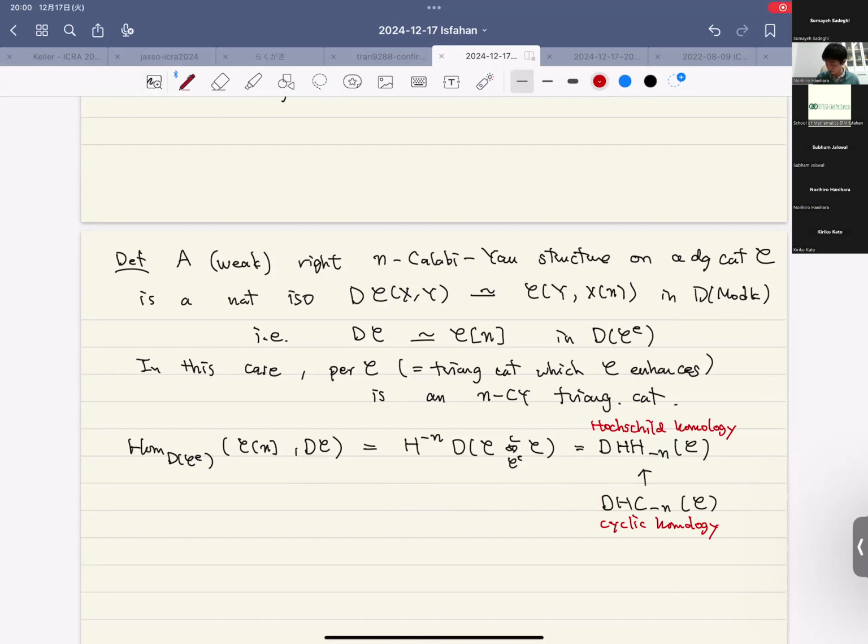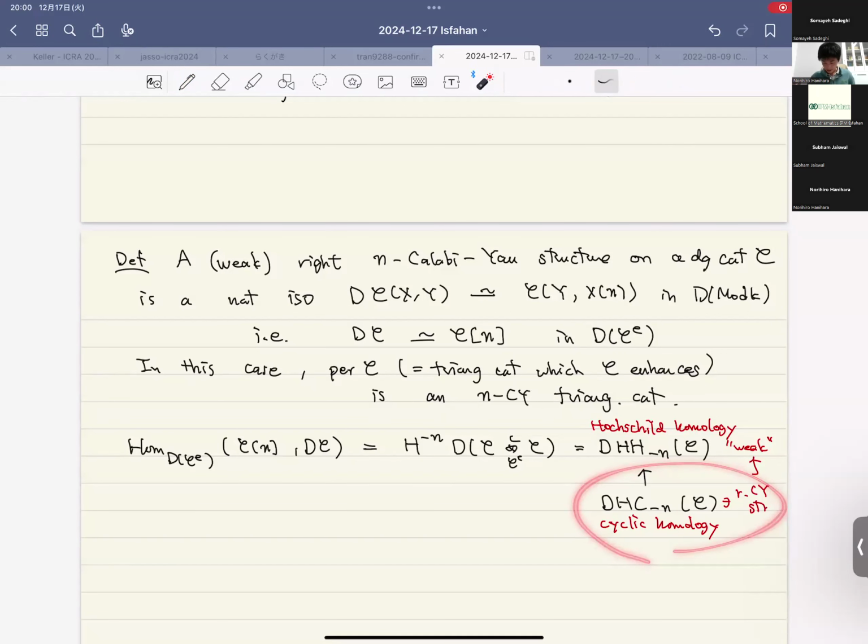That is what is called the genuine right Calabi-Yau structure, and its image would be something called a weak right Calabi-Yau structure.